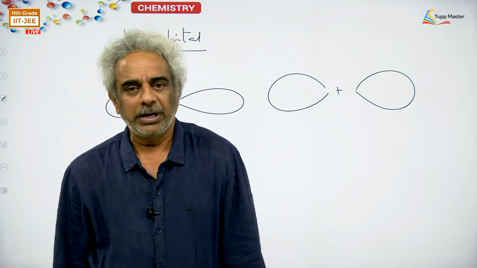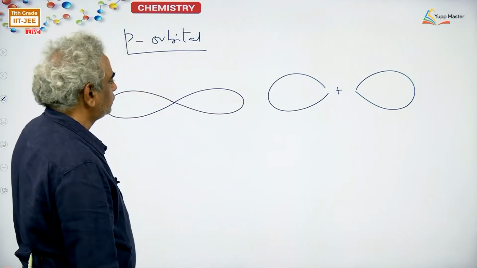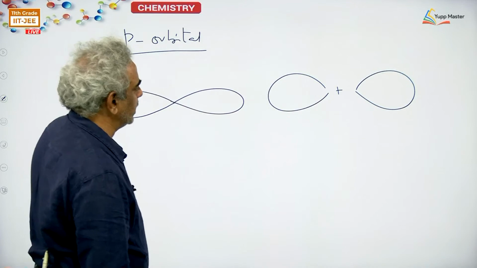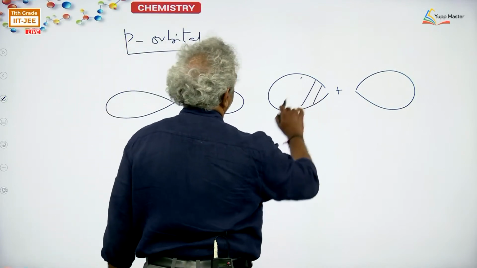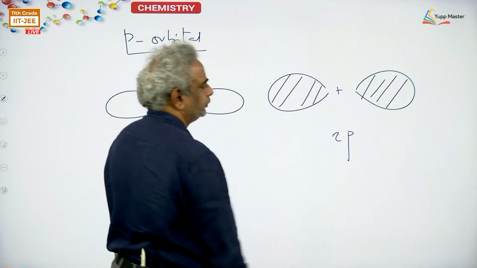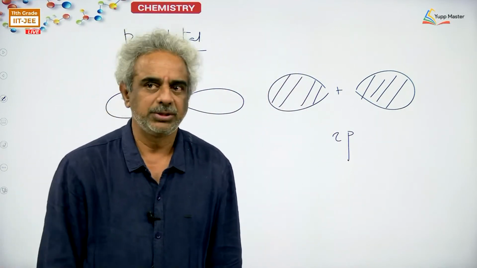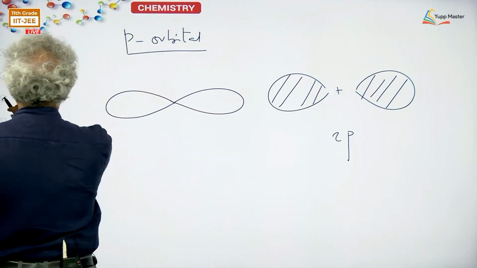So we can designate them with certain labels. Let me say this is a 2p orbital, and it can exist in 3 different directions.